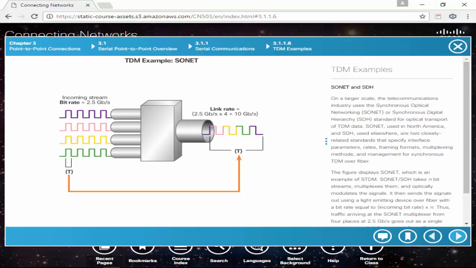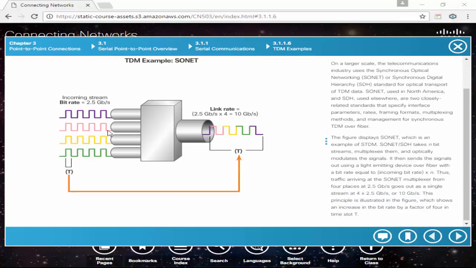What's important here is SONET is using STDM. The figure displays SONET, which is an example of STDM. SONET takes the N bit streams and multiplexes them and optically modulates the light signals.